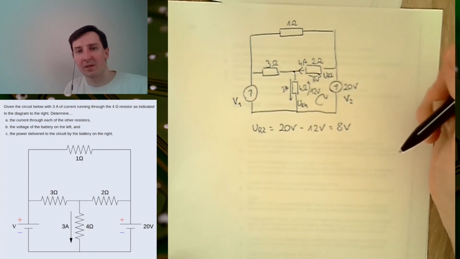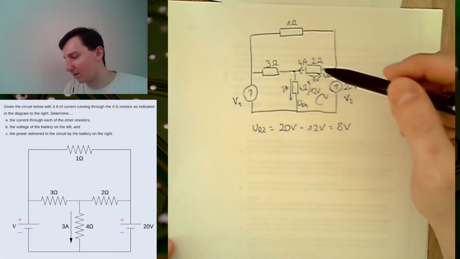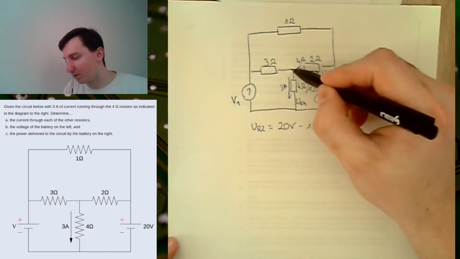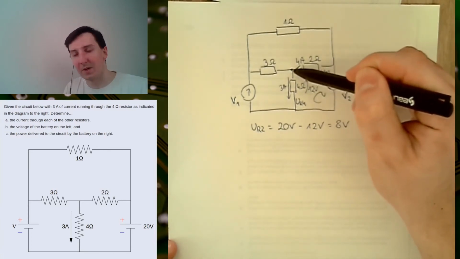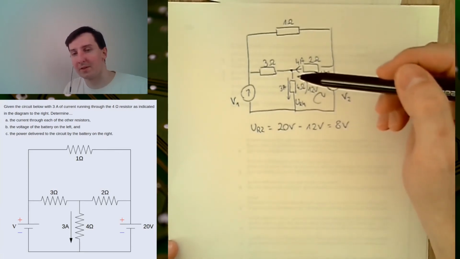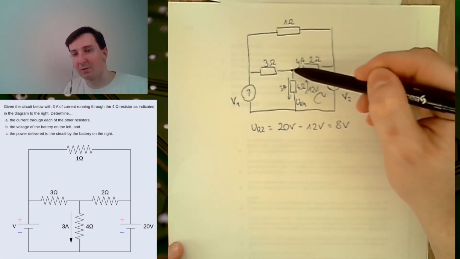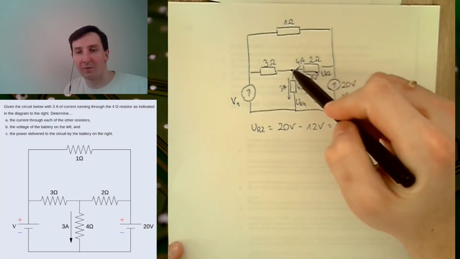Now we can use another Kirchhoff's law, which is the current Kirchhoff's law, and it states that when we have a node, incoming currents must balance the outgoing currents. Okay, so if we have 4 amps incoming to this node, there must be also an outflow of 4 amps.